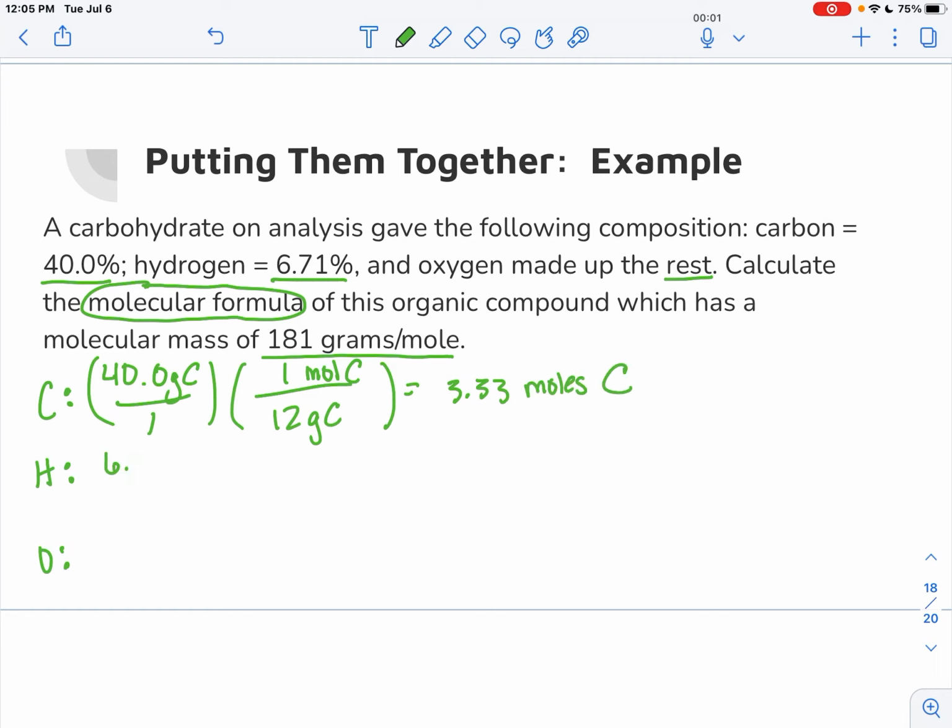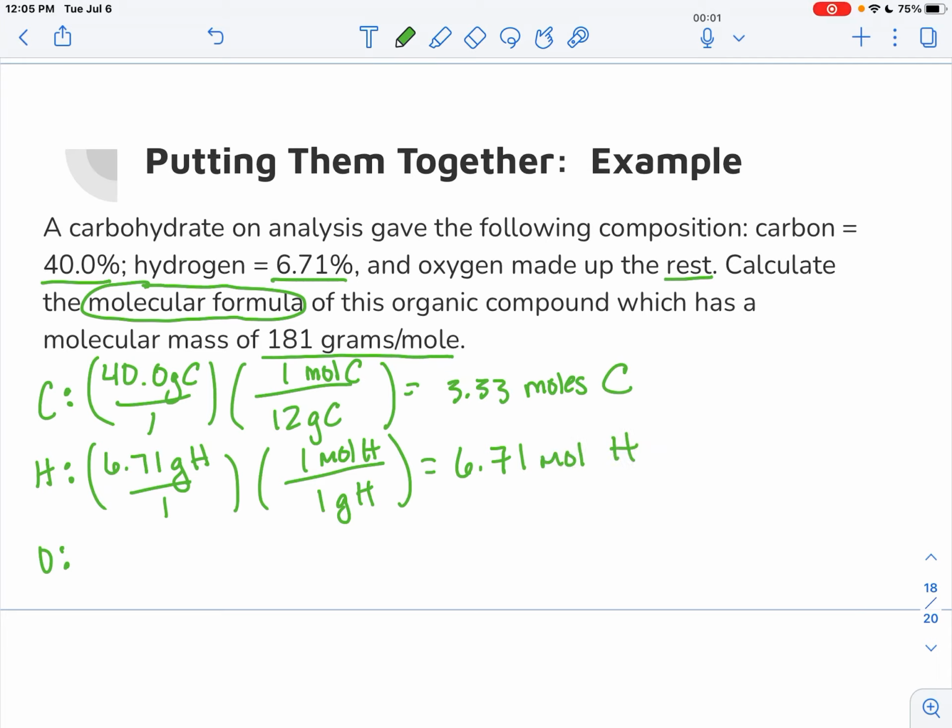And then for hydrogen, you do the same thing. For oxygen, we're not given a percentage, so you have to figure out what it is.